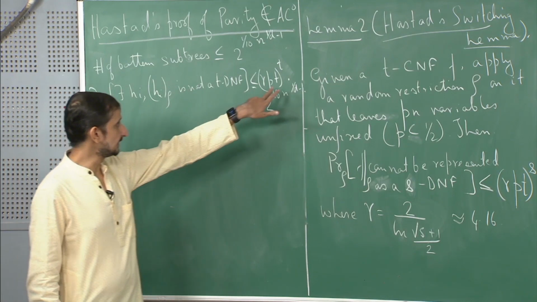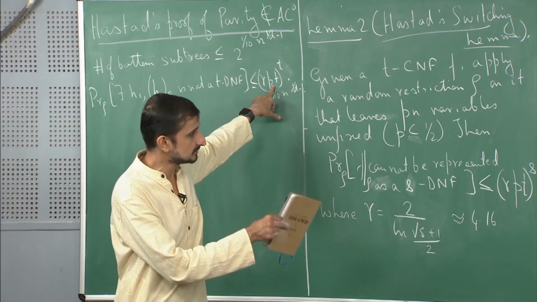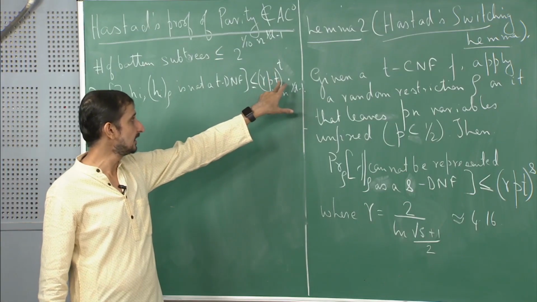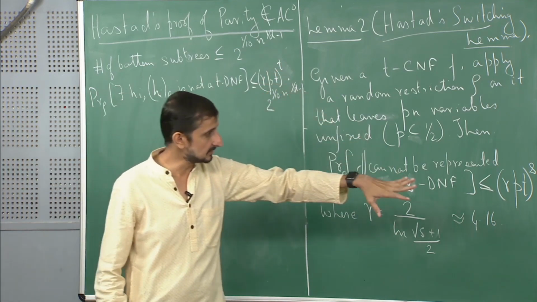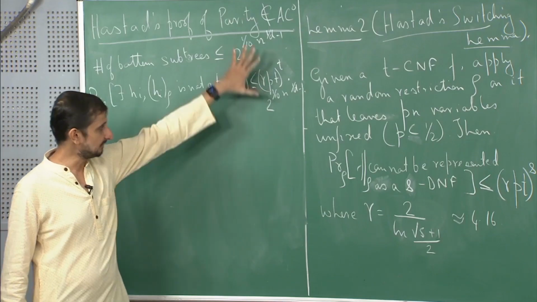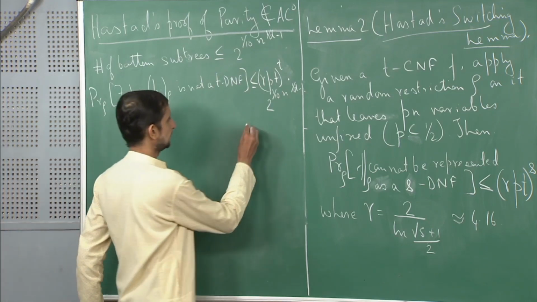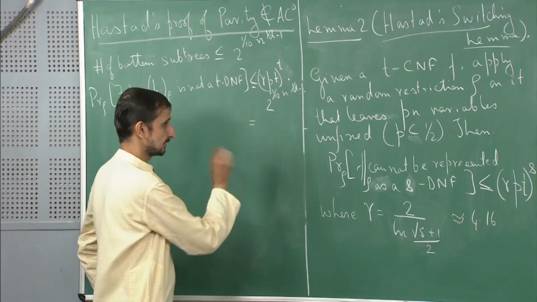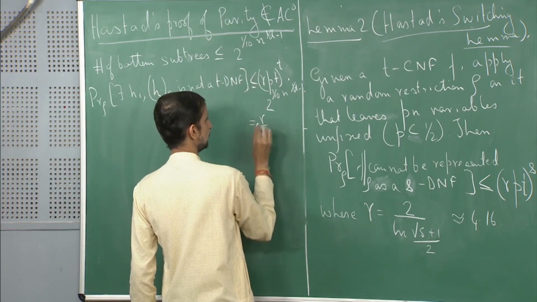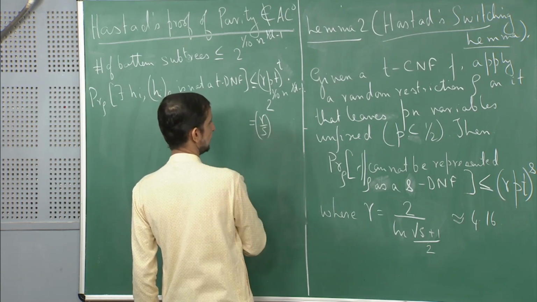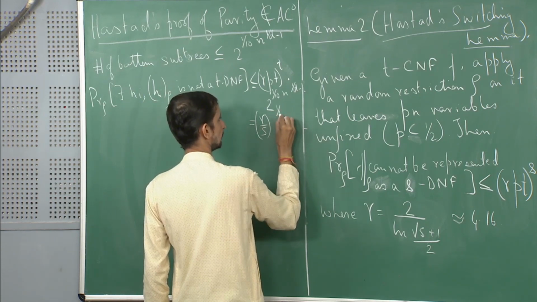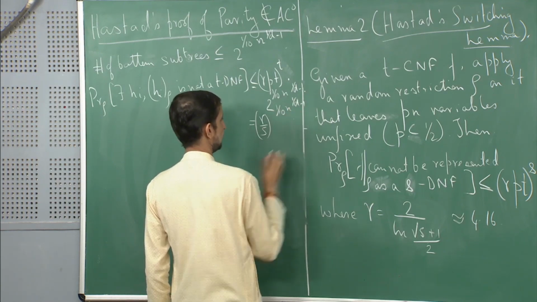Now, if I substitute the value of p, which is n to the power minus 1 over d minus 1, and I substitute t as 1/10 of n to the power 1 over d minus 1, and simplify, I get gamma by 5 raised to the power 1/10 n to the power 1 over d minus 1.